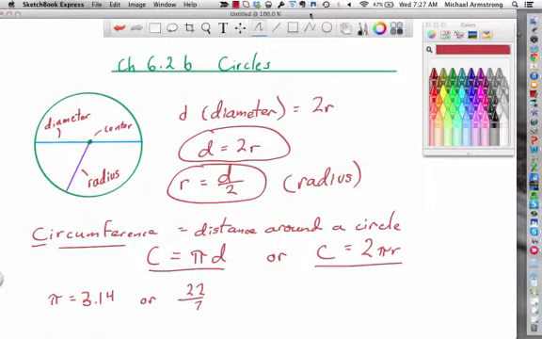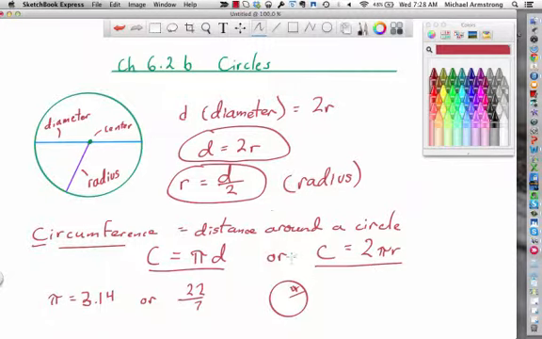So for instance, if we have a circle, and the radius of the circle, which is from the center to the outside edge, is 4. Let's change this over here. I'll make that look like a 4. 4 meters, 4 feet, 4 centimeters, 4 units.